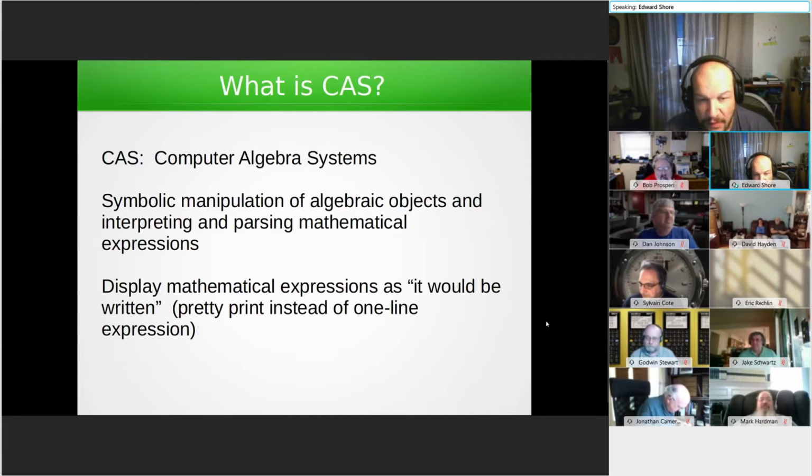And often the results can be displayed as it would be written on paper or the chalkboard. It's usually called pretty print, math print, or natural print. But it's displayed in that format instead of one line of expression full of parentheses.